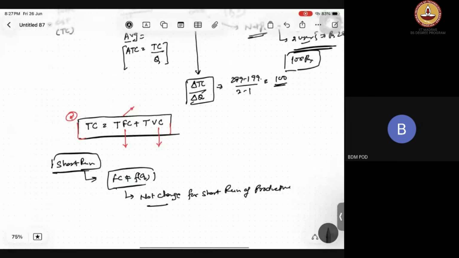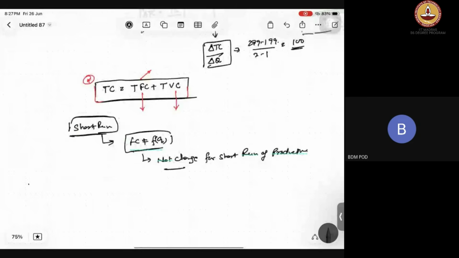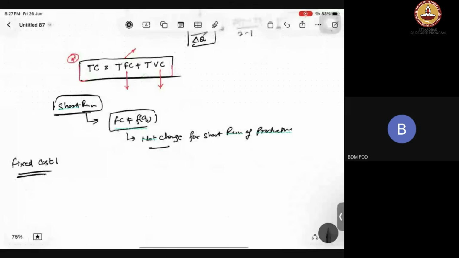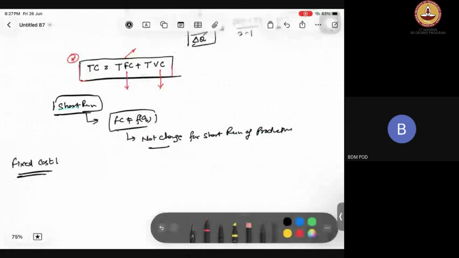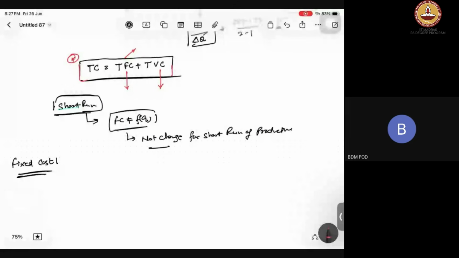Okay, what are the examples? Any idea what examples you have in fixed cost? Rent, correct. Insurance, whatever you are giving.